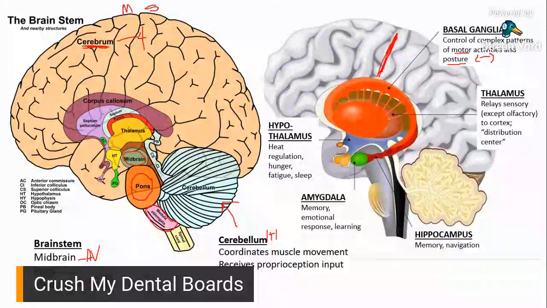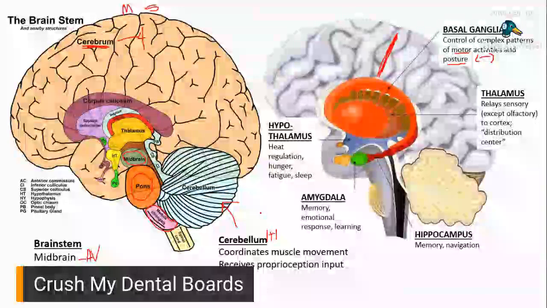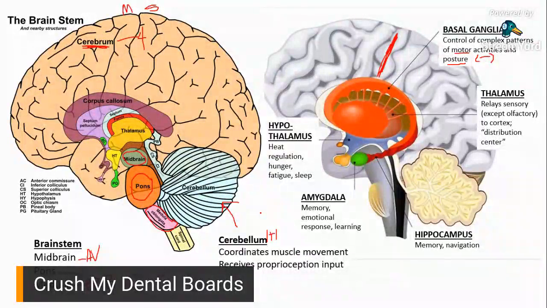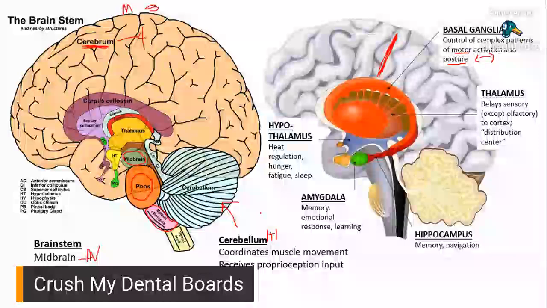So the amygdala, by virtue of its close relation to your hypothalamus, they actually work together too. The amygdala and the hypothalamus, they work together. Okay, so we'll see later on how they work together. Okay, so these are the different parts of our brain.